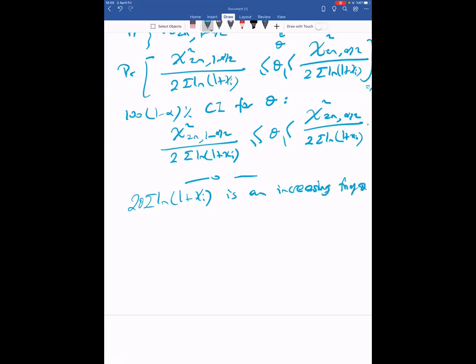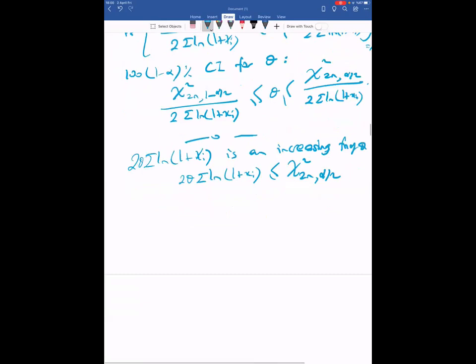Then if you want to find an upper bound for theta, we can use the upper bound for the pivotal quantity.